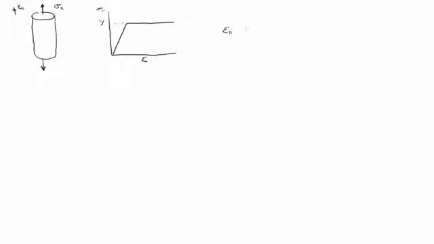So, it's some fixed value. Say we're going to run this experiment to 20% strain. So this would just be a standard displacement controlled type test.